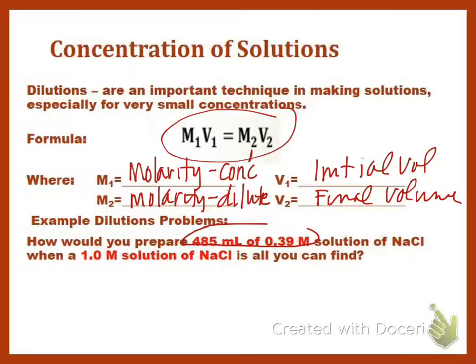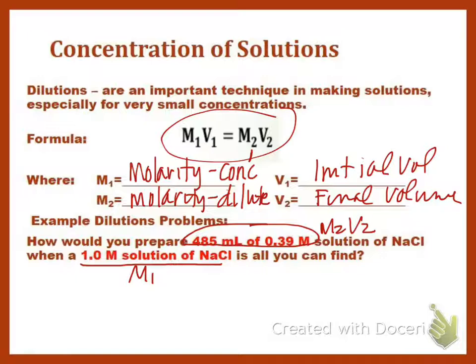These are going to be the M2 and the V2 because your M1 will always be bigger. And so since this is the bigger solution, this is going to be M1. Because your concentrated solution's always going to have a higher molarity. So that kind of makes it a little bit easier to distinguish which is which.